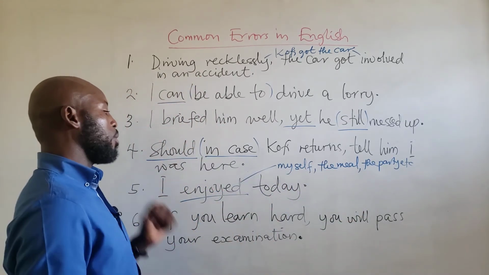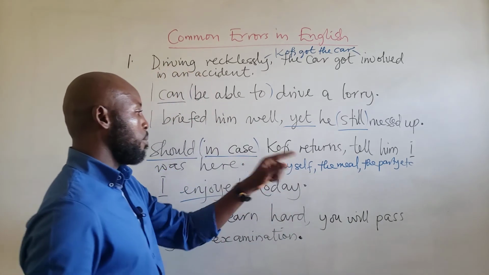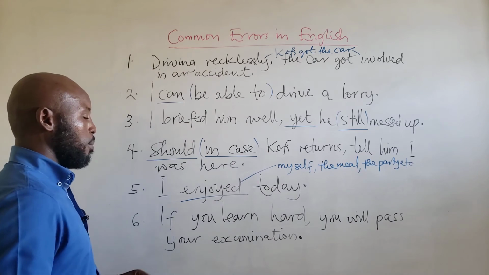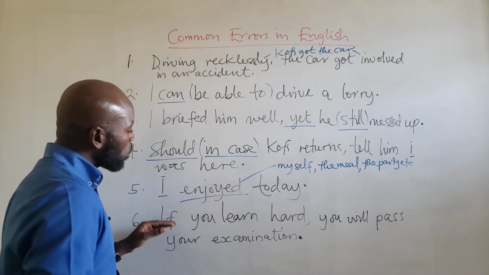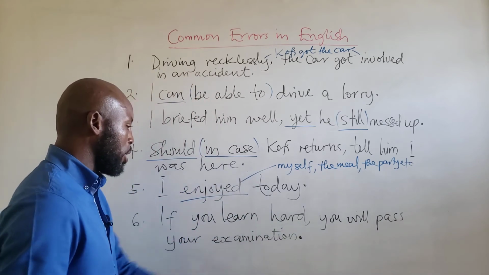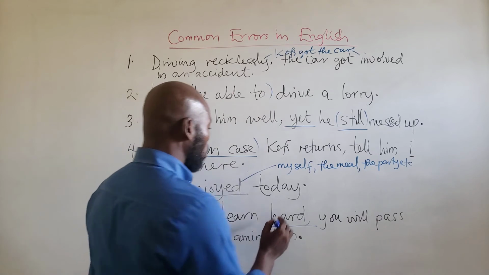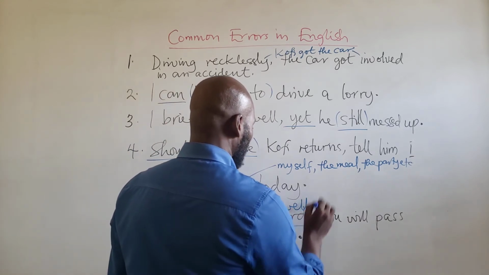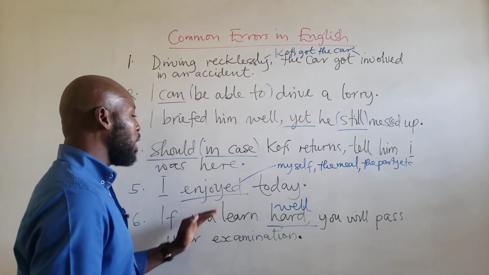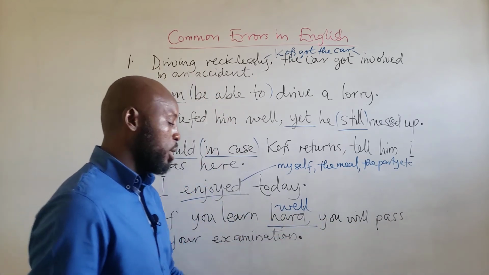So whenever you are using the word enjoy, let it be followed by a direct object. If you learn hard, you will pass your examination. We don't learn hard. What do? We learn well. So if you learn well, you will pass your examination.